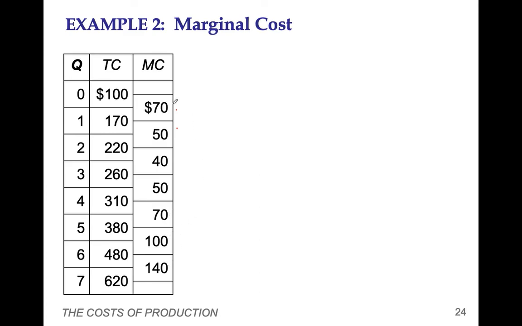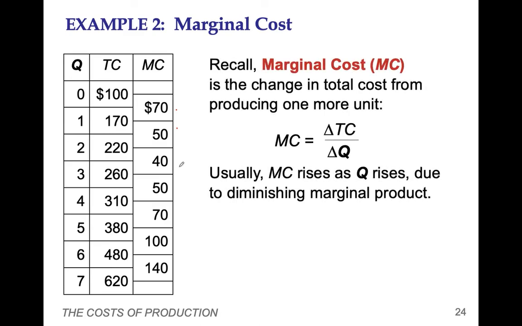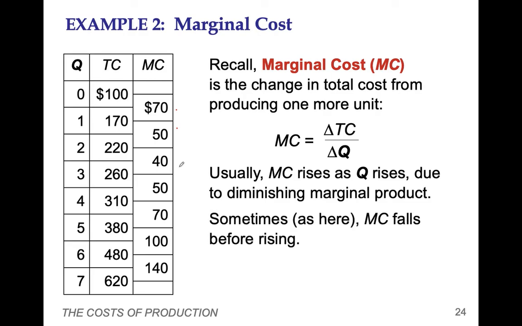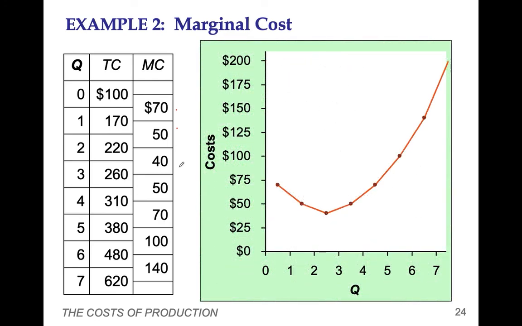So you see at the beginning, for the first units produced, the marginal cost is decreasing. Then after a certain level of production, the marginal cost rises again. So this gives us the typical marginal cost curve.